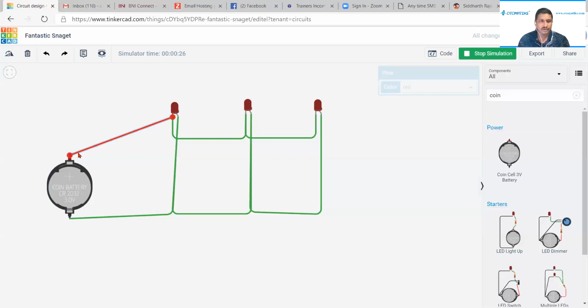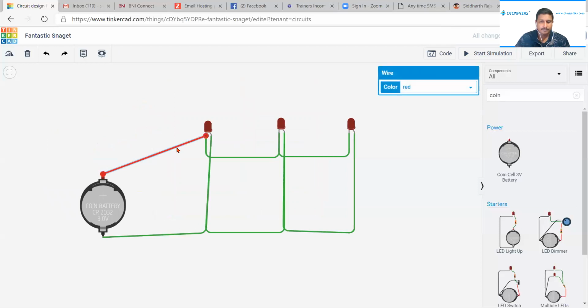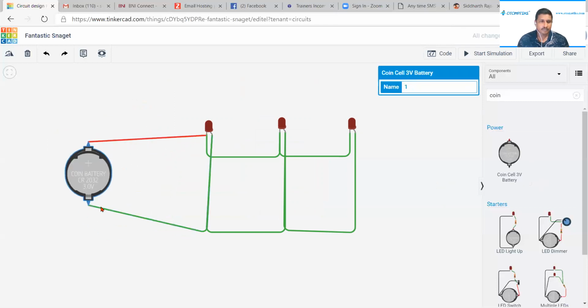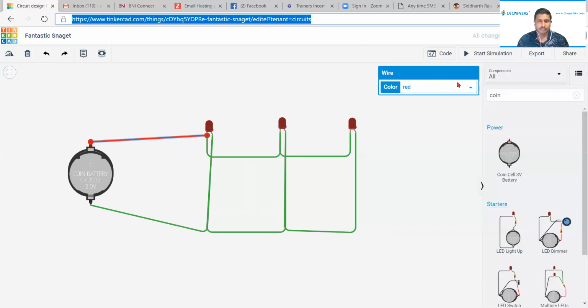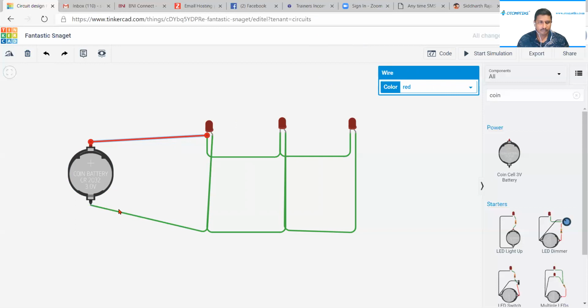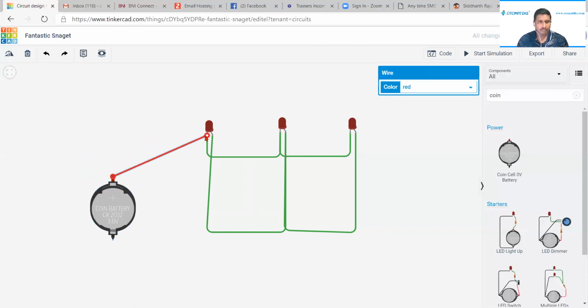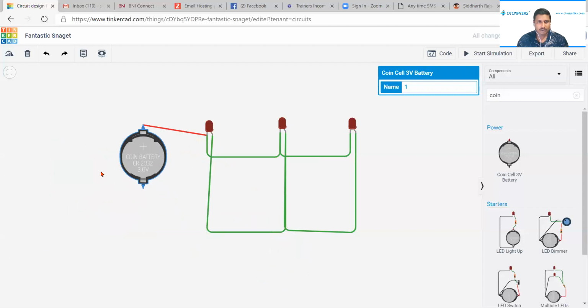So now I'm going to do a small modification with this. You know there is a problem.